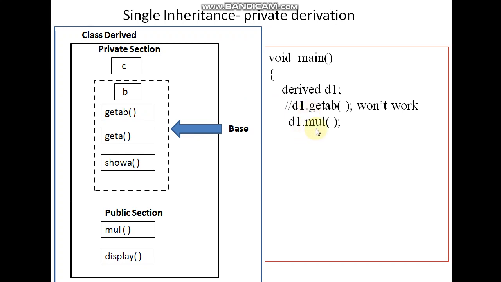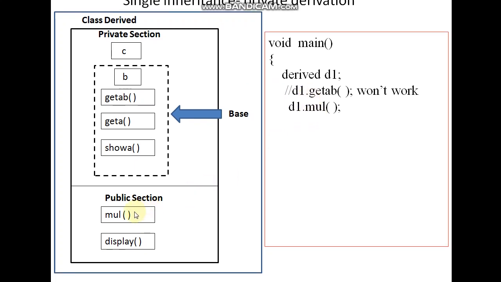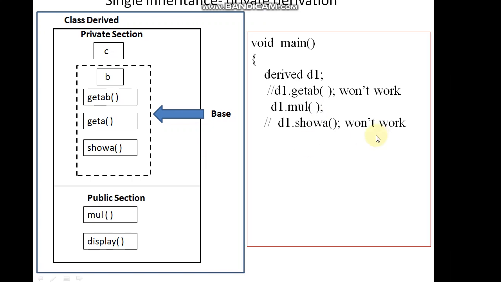The multiplication function can be called as it is a public member function. But now multiplication will be multiplying the values of A and B obtained using this function. Now we are not able to call this function. We should have a solution for this. showA is again a private member function which cannot be accessed in the main function.